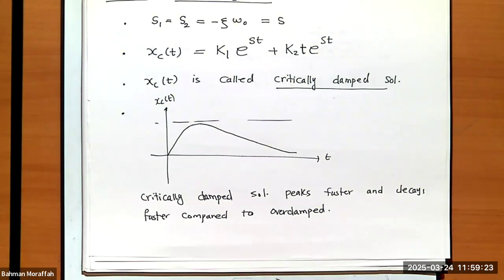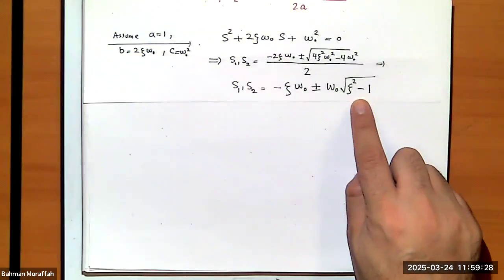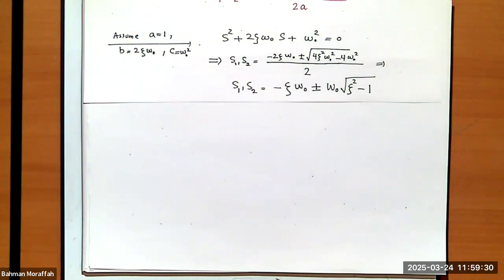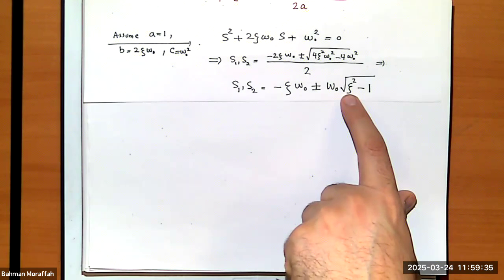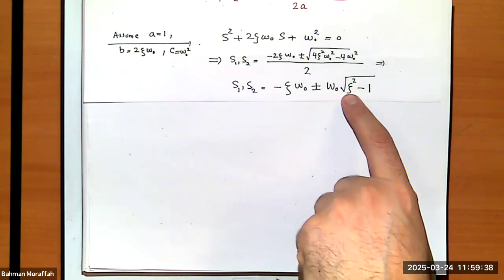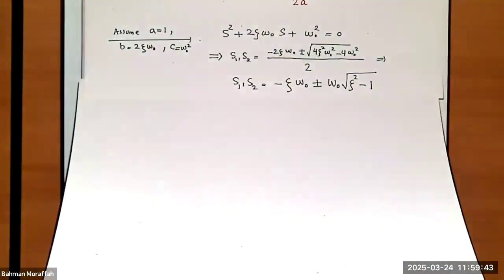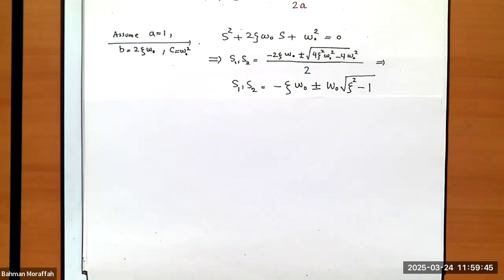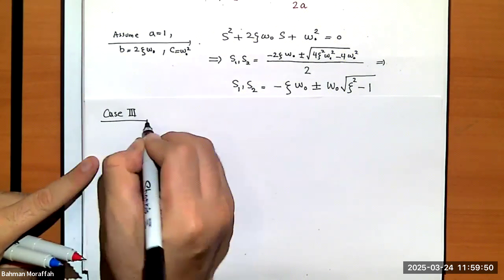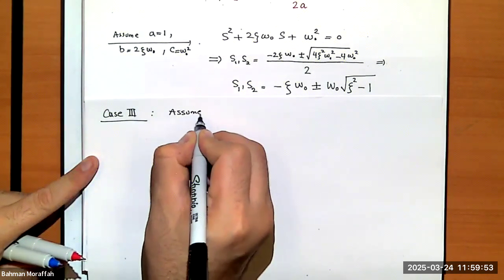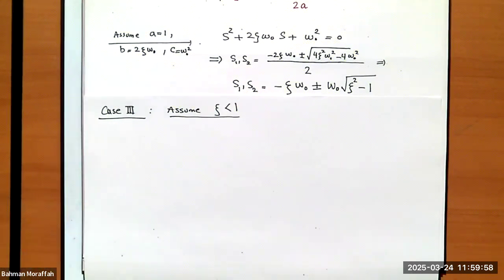The last case is when C is less than 1. If this C is less than 1, I have a negative number under the square root, right? So, case 3, assume C is less than 1.